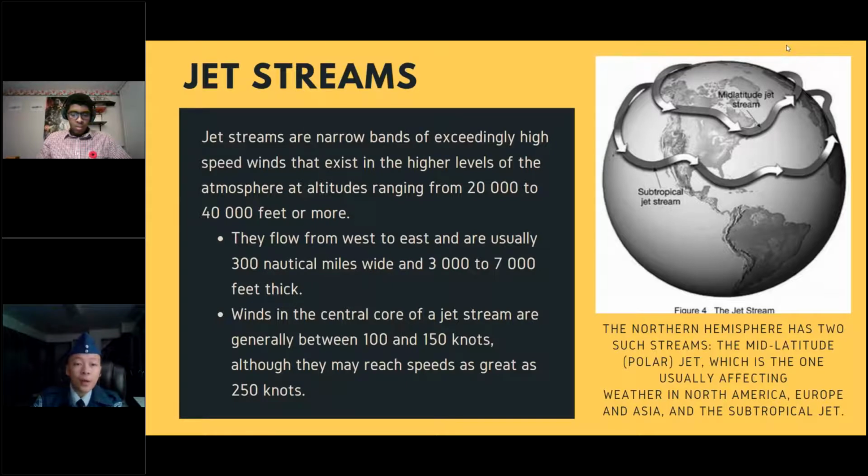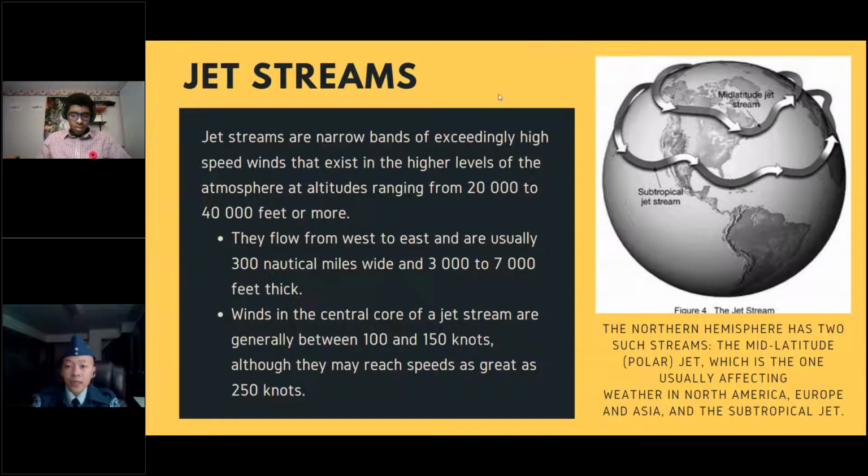They flow from west to east and are usually 300 nautical miles wide and 3,000 to 7,000 feet thick. So winds in the central core of the jet stream are generally between 100 and 150 knots, although they may reach speeds as great as 250 knots.